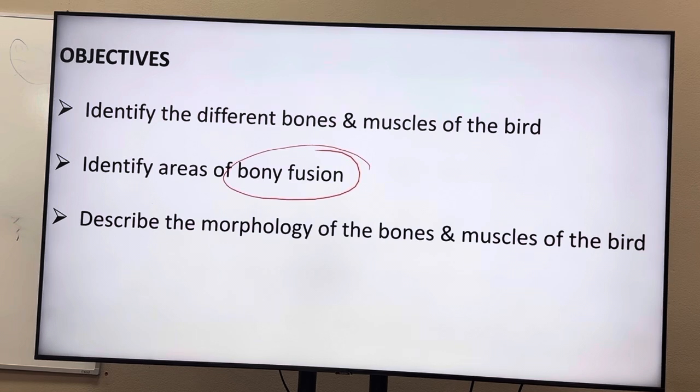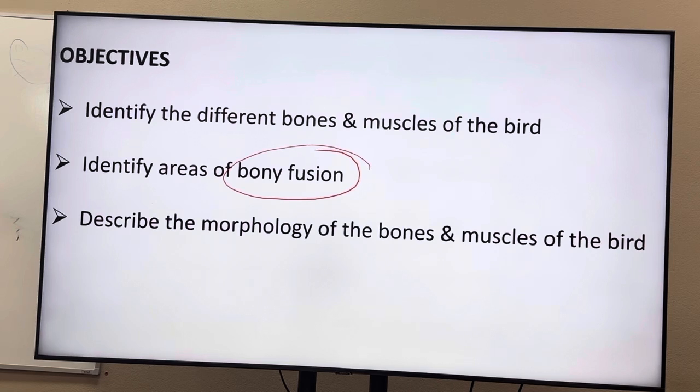So in birds, birds need to fly. What they need to fly, in addition to their feathers, is light weight. In order for them to have a lighter weight, we have reduction in bone size and fusion between bones occurring.